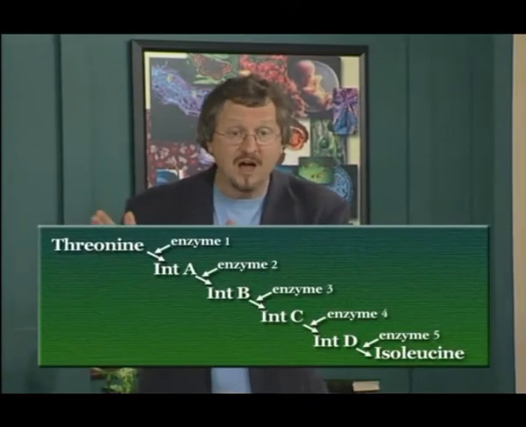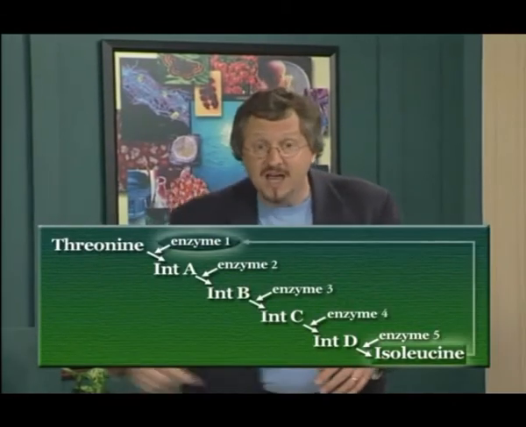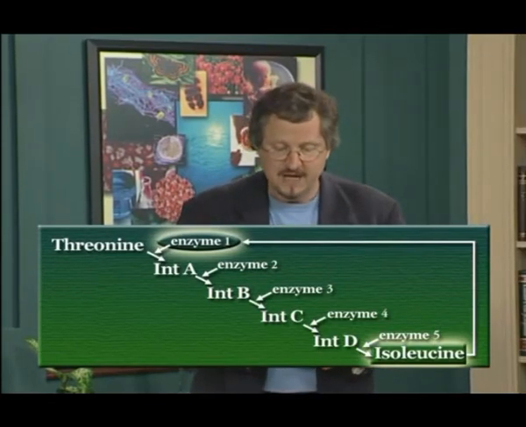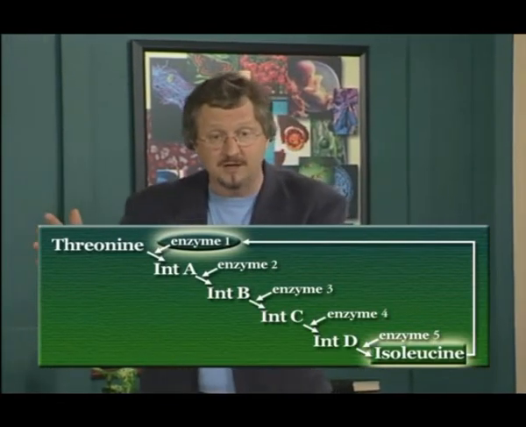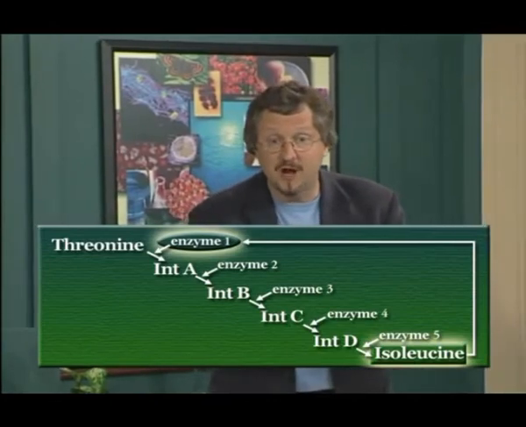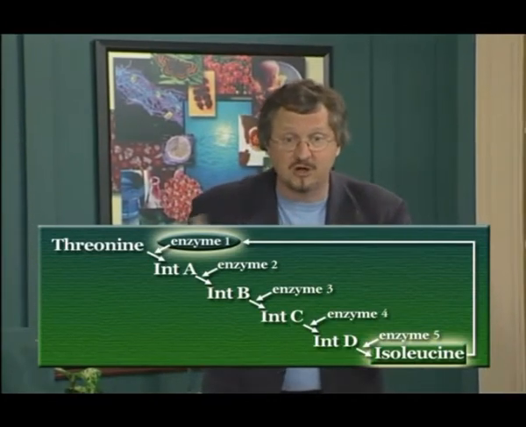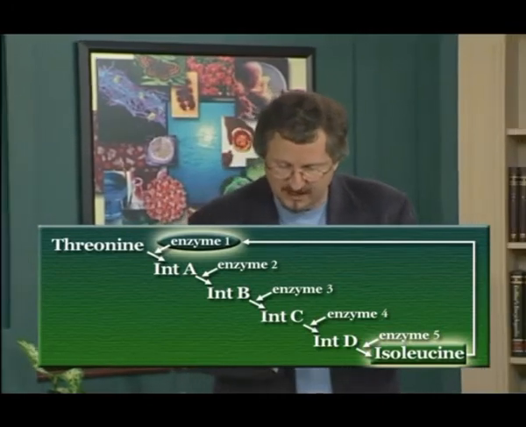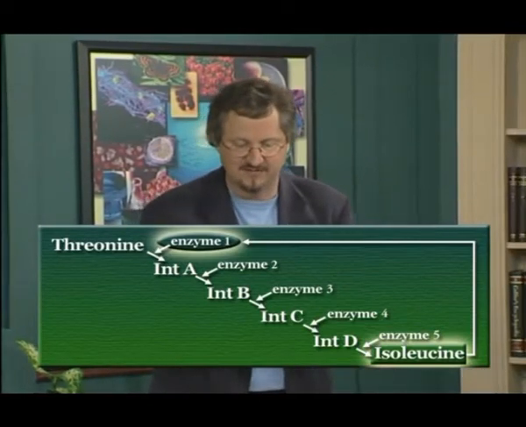For example, in the pathway that leads from threonine to isoleucine, the end product, isoleucine itself, will bind to the first enzyme in the chain of reactions. Now, this binding of the end product to an enzyme that's somewhere mediating a reaction along the pathway usually occurs at a different site on the enzyme, different from the enzyme's active site.